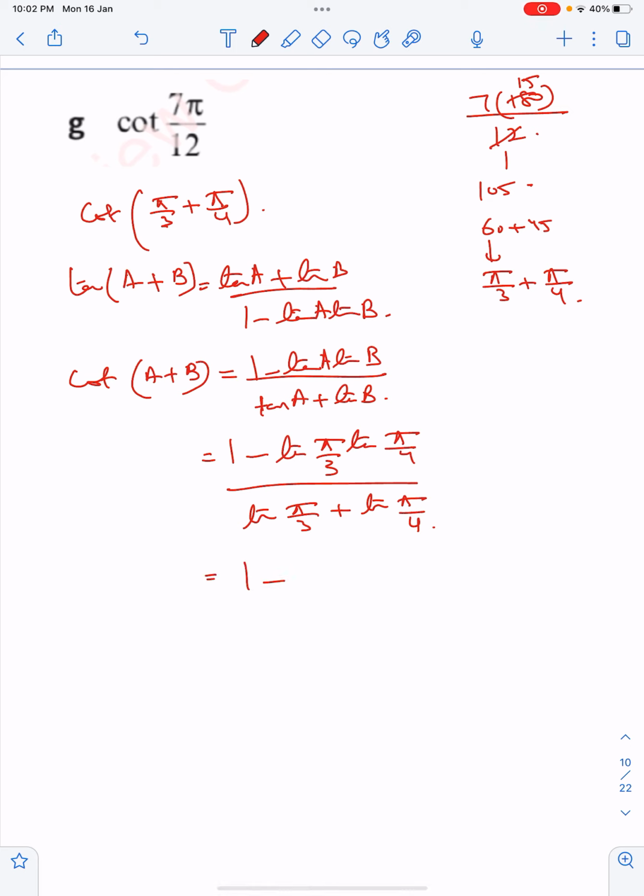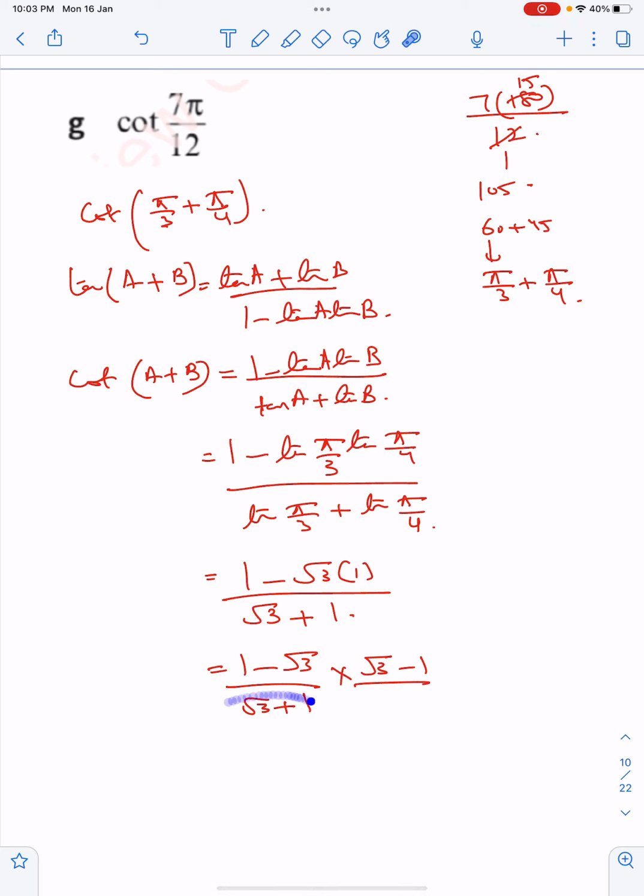Okay, let's simplify this. Tan of 60 is root 3, tan of 45 is 1. So 1 minus root 3 upon root 3 plus 1, rationalize it.